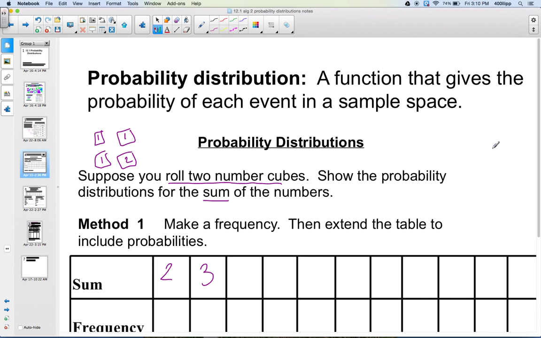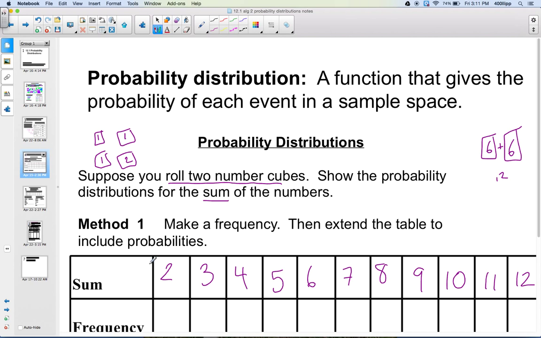The highest sum that we can get is, our highest numbers are a 6 and a 6. So the sum of that would be a 12. And that's your highest sum here. So we're going all the way up to 12. So 2, 3, 4, 5, 6, 7, 8, 9, 10, 11, and our highest sum is 12.